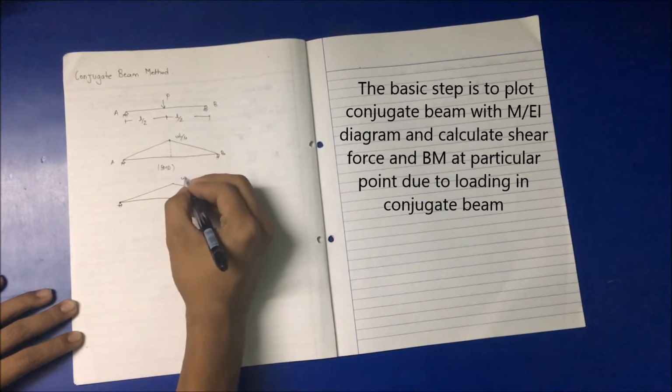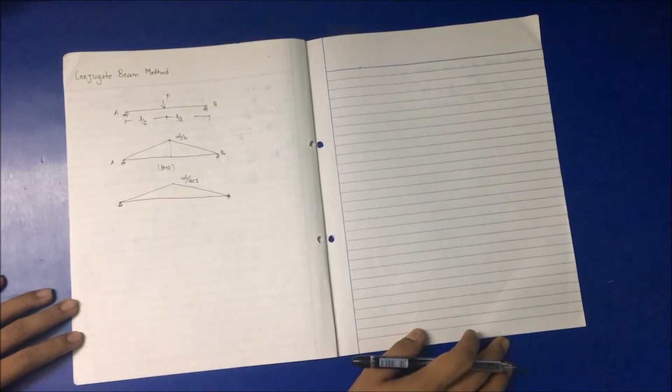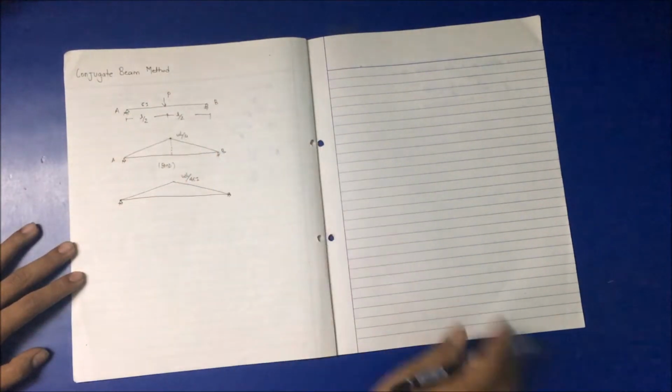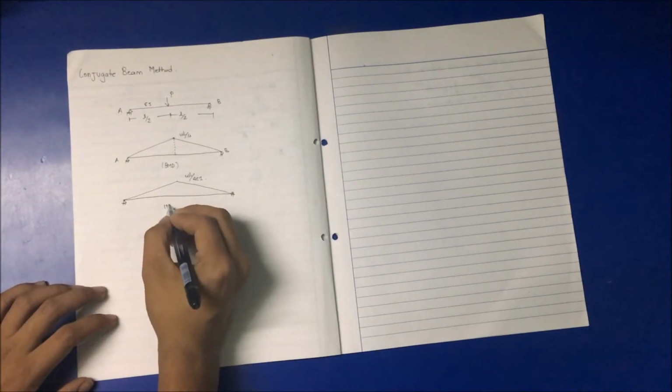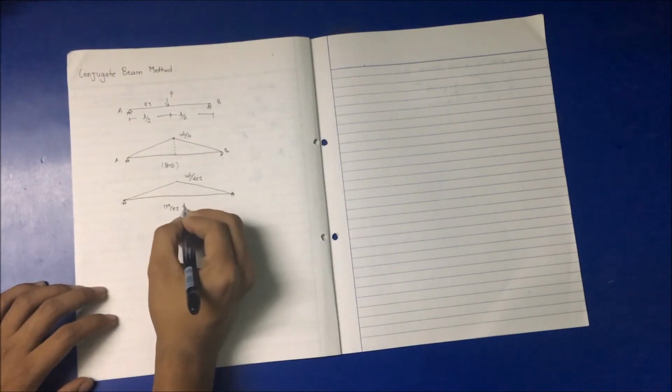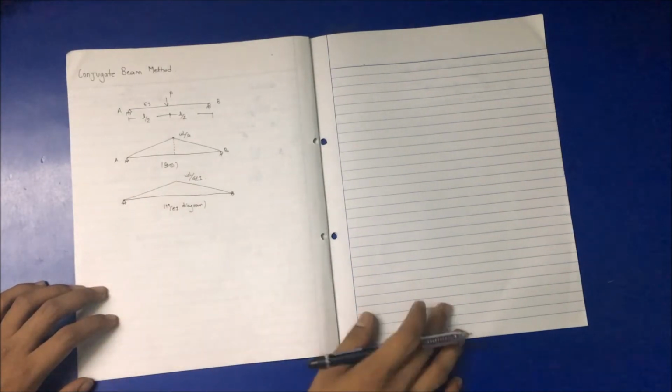So this span is divided by the EI given for that member. For example, if I am provided with EI for this span, then the M/EI diagram will look somewhat like this. So this is the M/EI diagram.